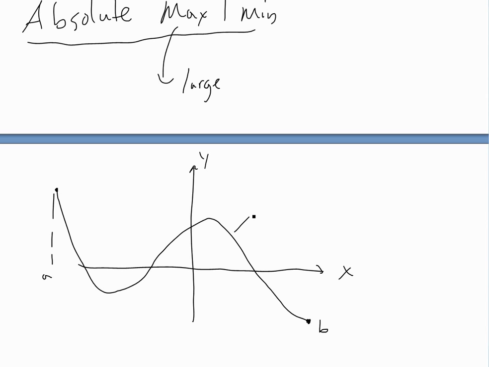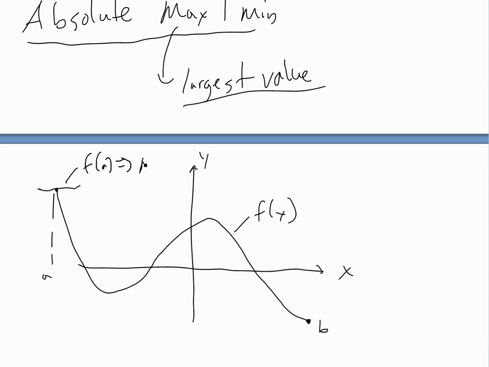If this is f of x, the absolute max is the largest value in the domain, or whatever domain or interval you have. In this case, as you can see from the graph, it's just here. This one's f of a. This one is the absolute max, written abs max.